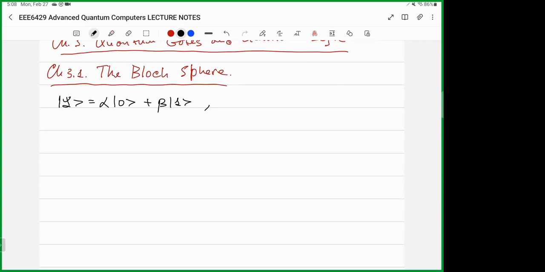In this expression, alpha and beta are complex numbers, right? And the fact that they are complex means that we keep track of the phase of these particular states, 0 and 1.